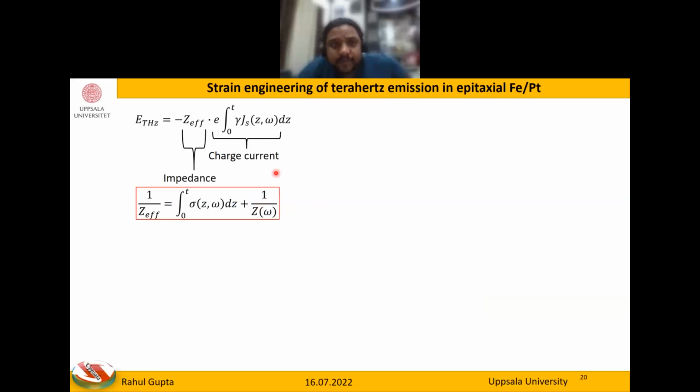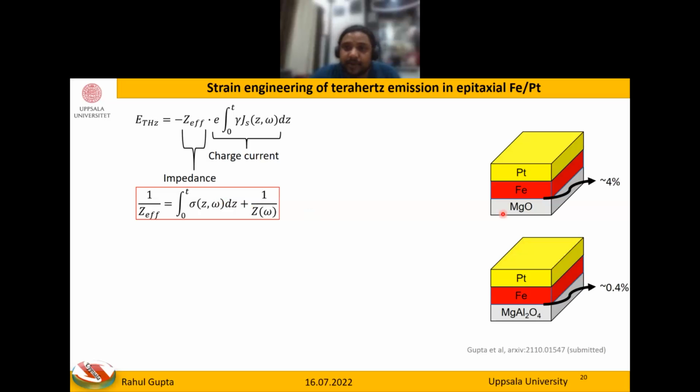So far we have discussed the spin Hall conductivity and the generation of spin current, but there is a factor called impedance, which also depends on the conductivity of the spintronic layer. In order to understand this phenomenon, we fabricated two series of samples: iron platinum on MgO and iron platinum on magnesium aluminum oxide. Why did we choose MgO and magnesium aluminum oxide?